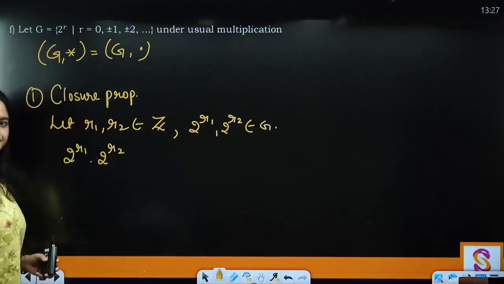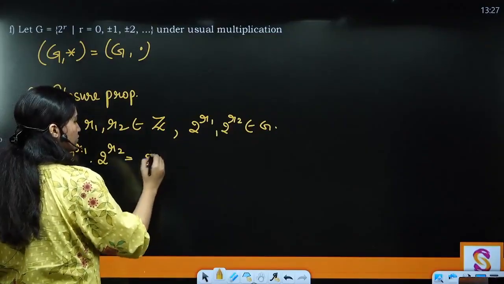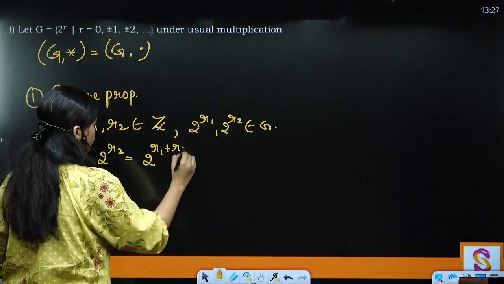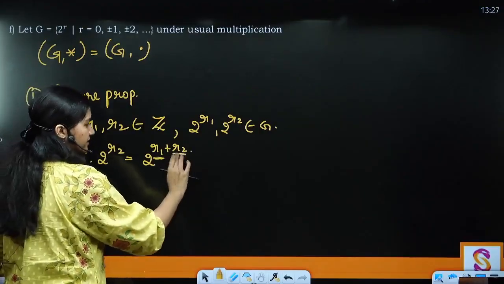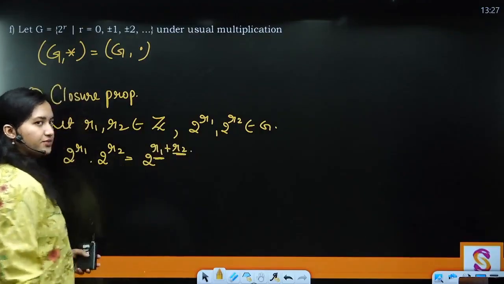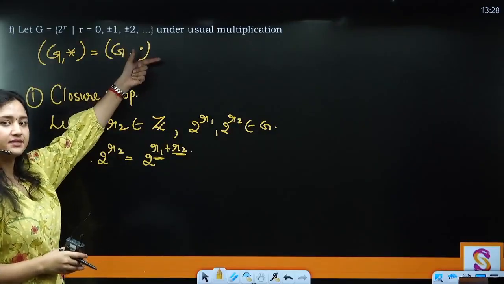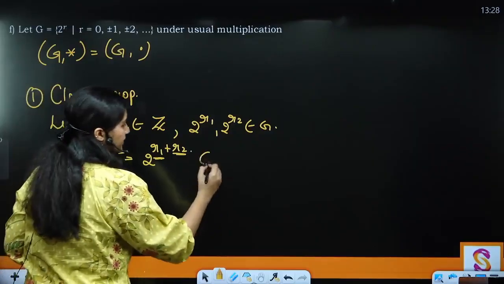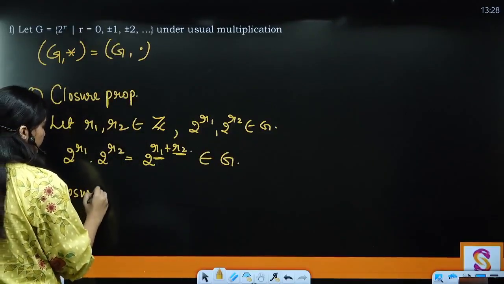Clear? Any problem? Now, this can be written as 2 raised to the power r1 plus r2, right? Now, if this is an integer, what is their sum going to be? The sum is always going to be an integer, and it is obviously going to lie in the set, right? So this definitely belongs to G. So closure property is satisfied.